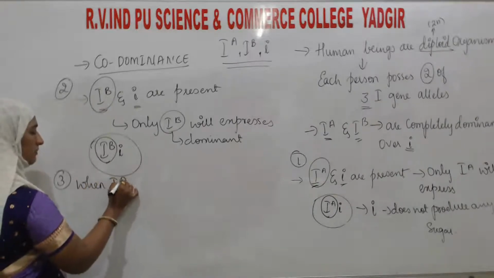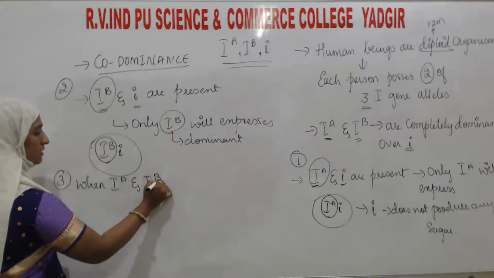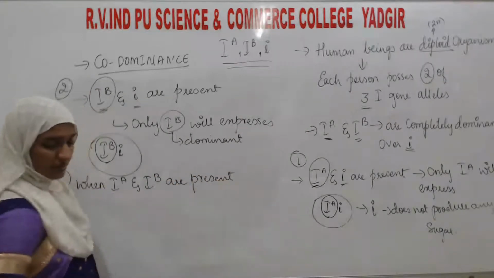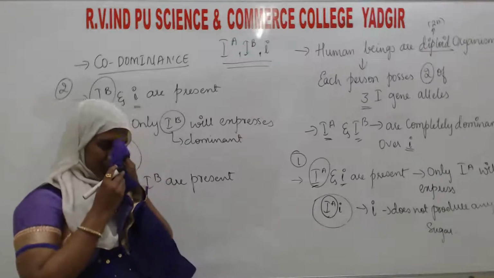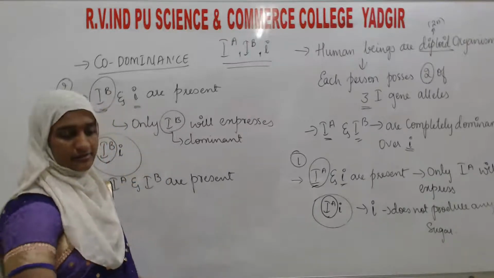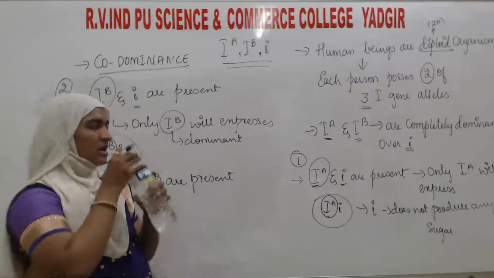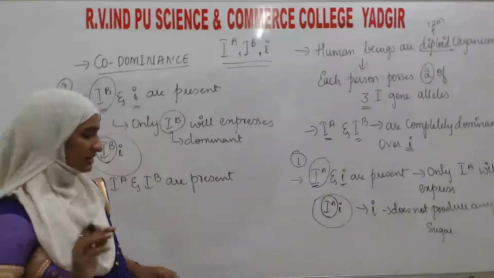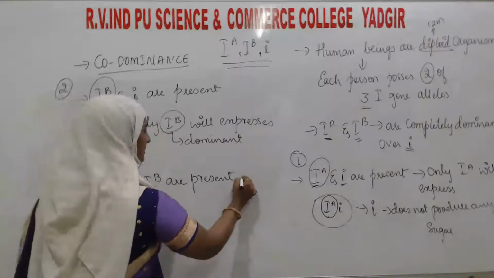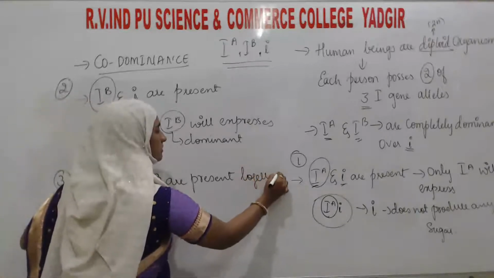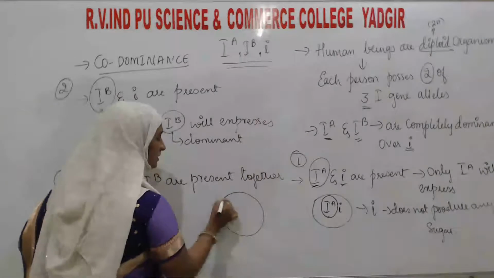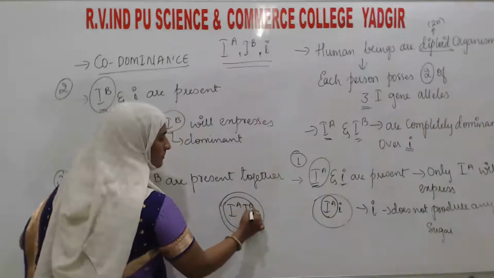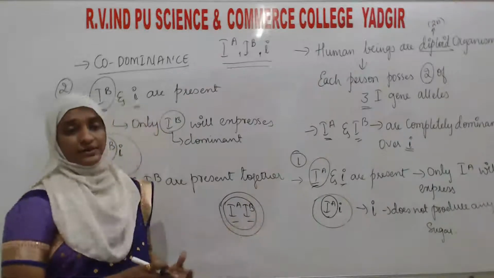When IA and IB are present together, this is the RBC where IA and IB both are present together.